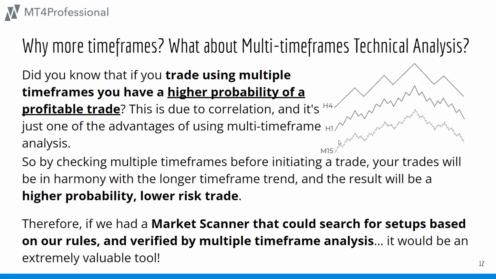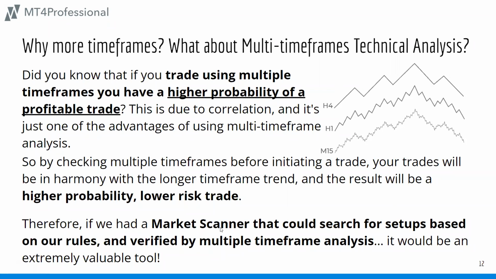What this does is it gives you higher probability trades with lower risk because the trend will always be moving in the direction that you're going to be taking the trade. So these shorter term corrections can be taken, but just make sure you keep your profit targets small because you're not going to get any home run trades unless you start trading in the direction of your longer term axis.